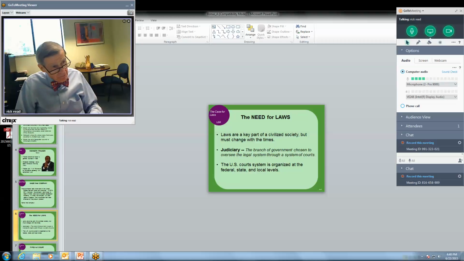The veto can be overridden by 2/3 of the members of the various houses, with the exception of Nebraska, which only has 1 house. And then once that veto has been overridden, it becomes law. So we can have some laws that have never been signed by the executive. And these are the various types of judiciary we have: federal, state, etc.